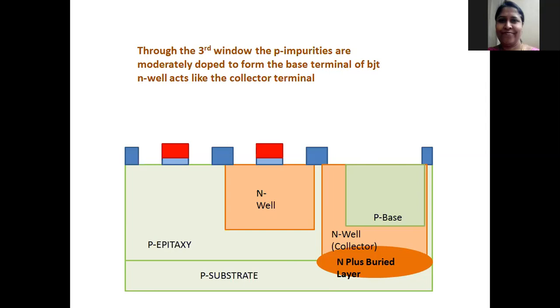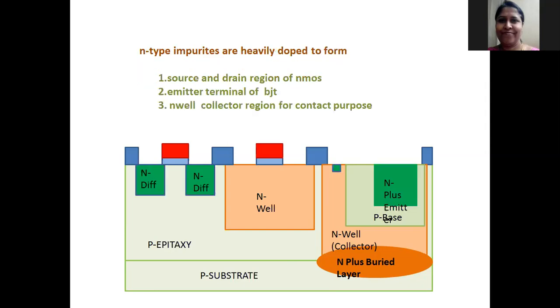So next, we have to create N plus regions in this portion to develop source and drain regions for N MOSFET. And in this portion, we have to develop N plus region to create emitter. So how do we get N plus structures?